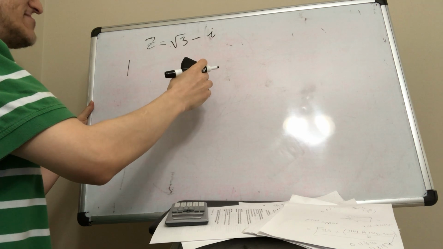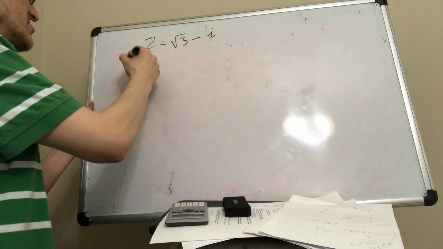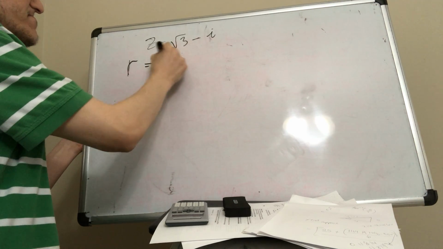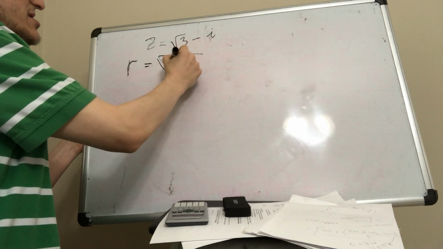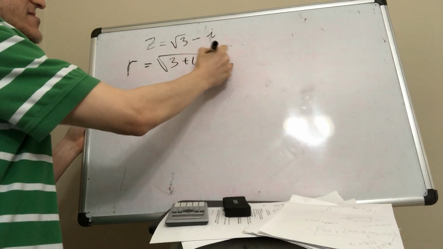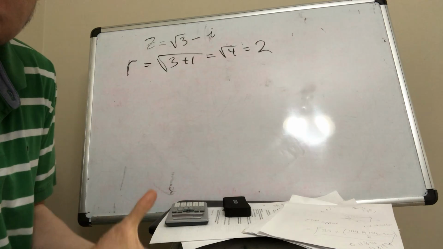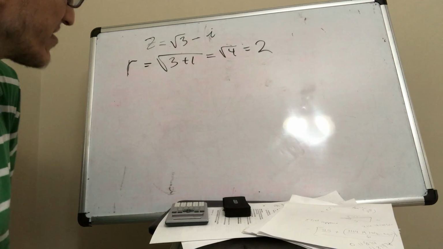Actually, no, it's not really similar. Okay, I'll do the r first. Real squared, imaginary squared, square root of 4. Your value of r is 2.